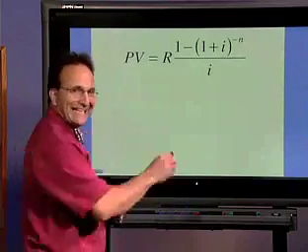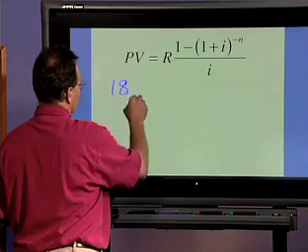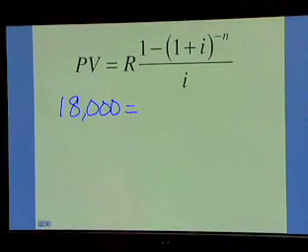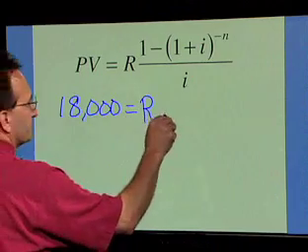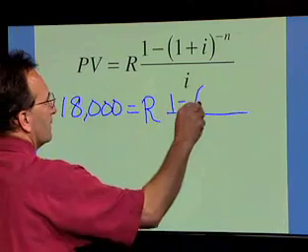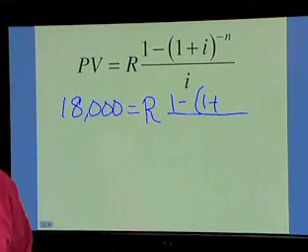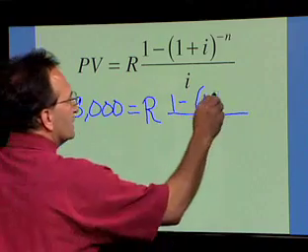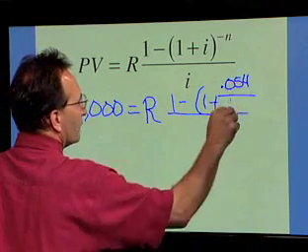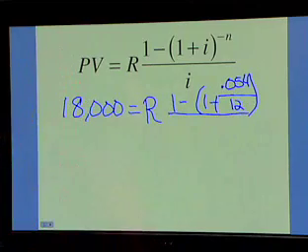We have 18,000 is equal to R, which of course is what we're going to calculate, and then 1 minus (1 plus i), and i this time is 0.054 over 12, since she pays each month.